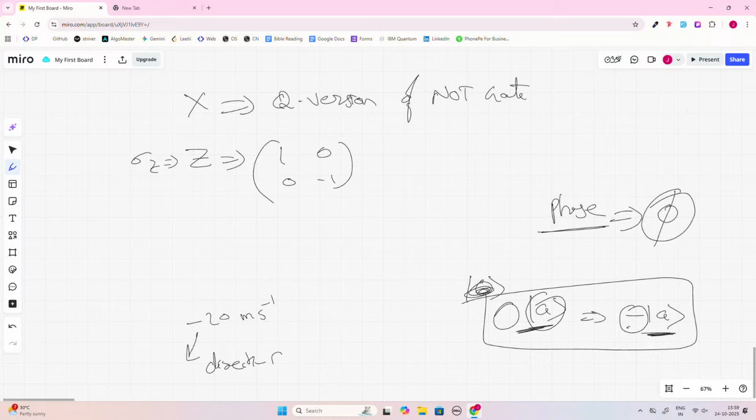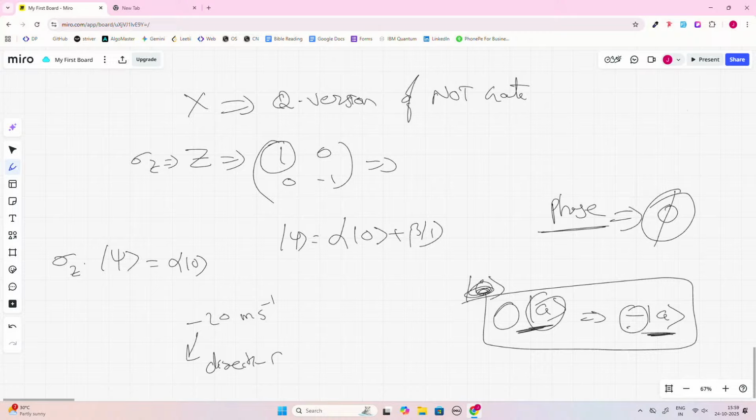Understood? Now one more magic of the Z gate. If the value is in the zeroth state, it will not change the phase. In the zeroth state the phase doesn't change. Only in the one state does the phase change. I will show you. For example, let us consider I have my psi as alpha |0> plus beta |1>. This is my psi value, a random psi value. Now if I apply the Pauli Z gate to this psi value, my output will look something like this.